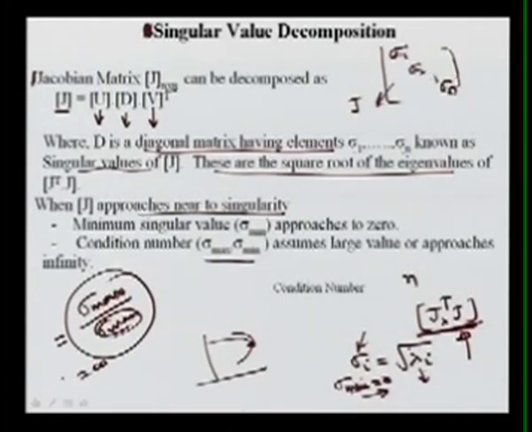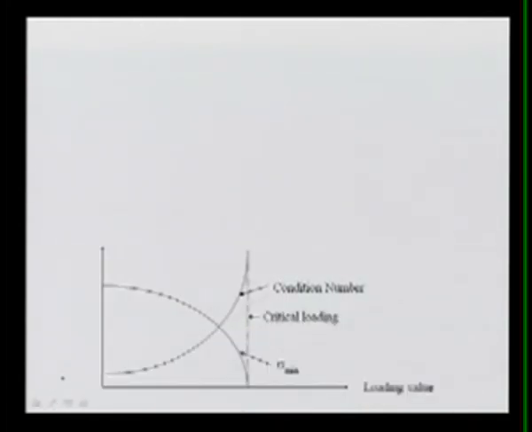Now you can see the curve for this variation. As the loading factor keeps increasing, the condition number keeps increasing, whereas the singular value keeps decreasing and finally becomes 0. So the condition number is increasing, or the minimum singular value is decreasing.